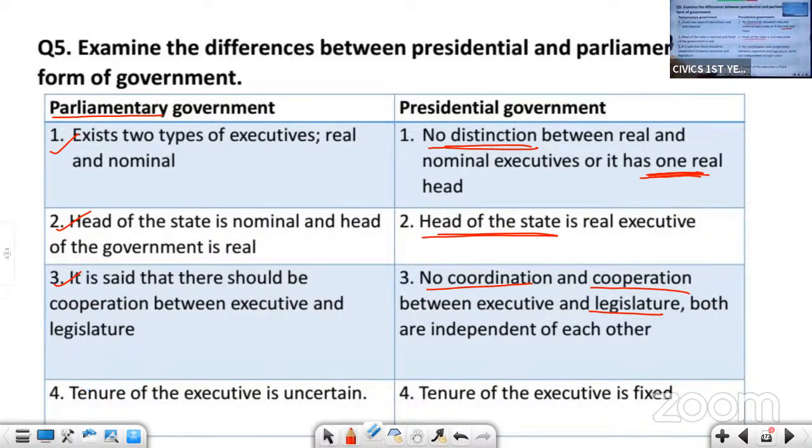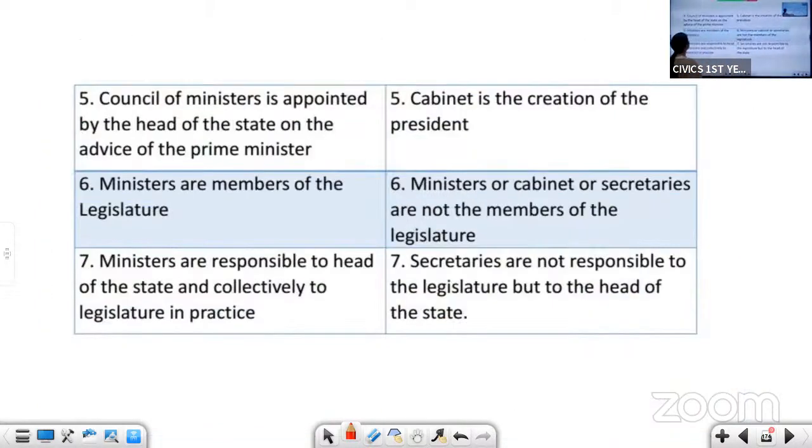Fourth point. Let us see the other points. Now, the Council of Ministers is appointed by the head of the state on the advice of Prime Minister. Who are the Council of Ministers? The team of Prime Minister, the ministers of Prime Minister. The team of Prime Minister is called Council of Ministers.